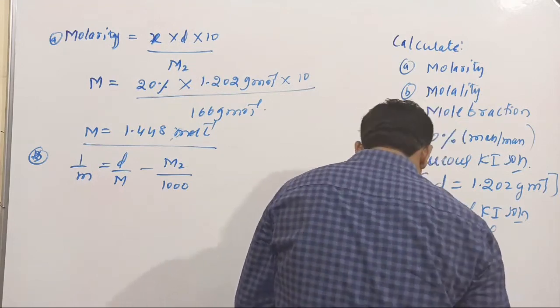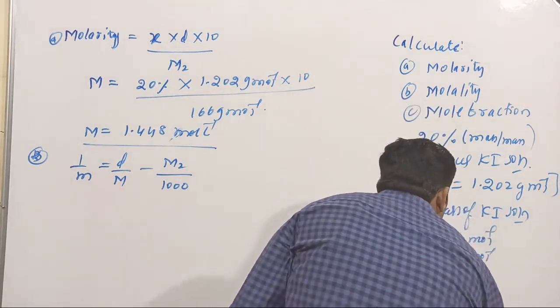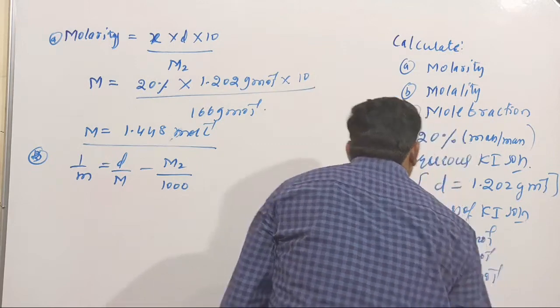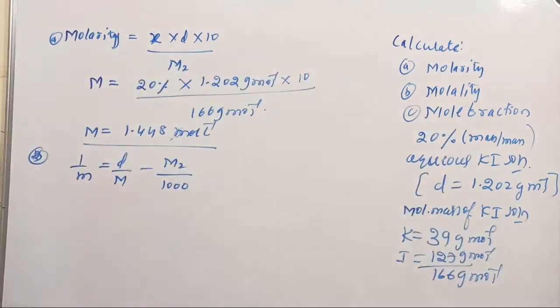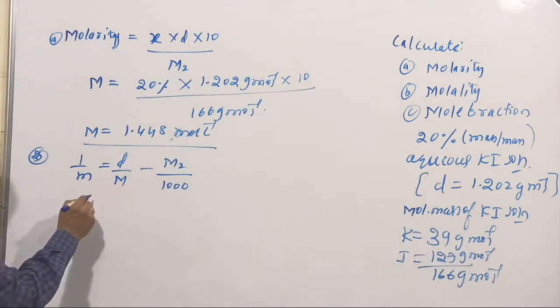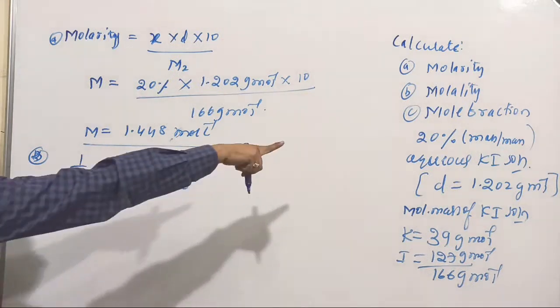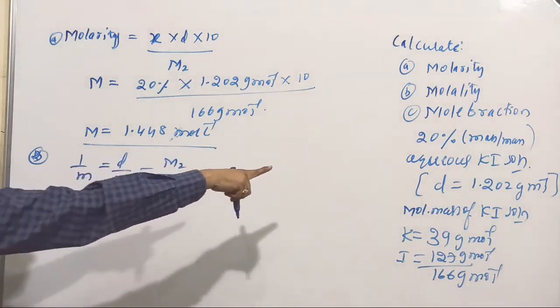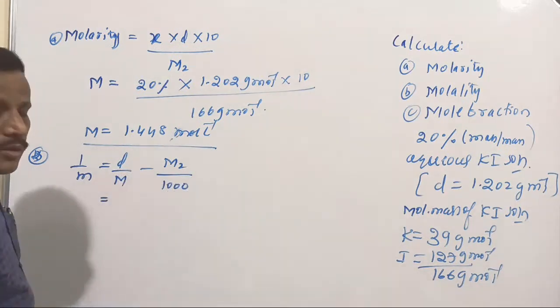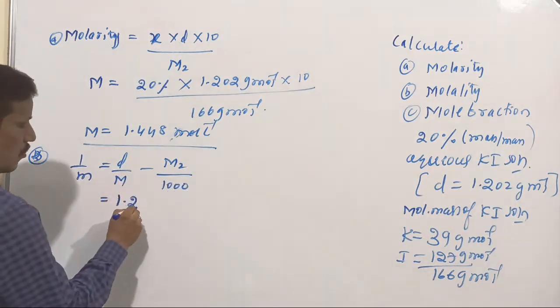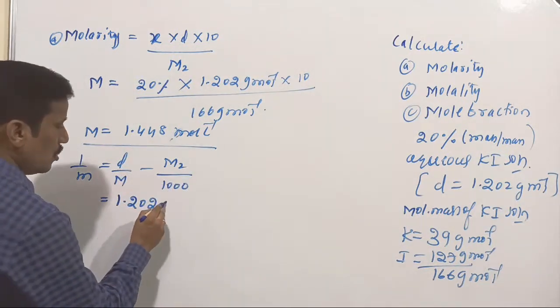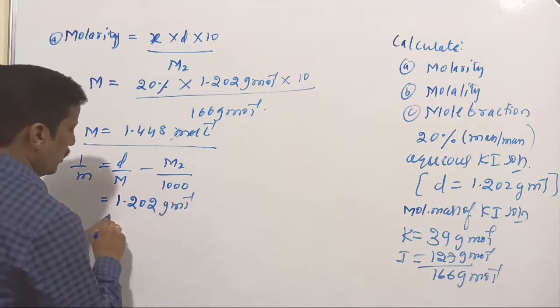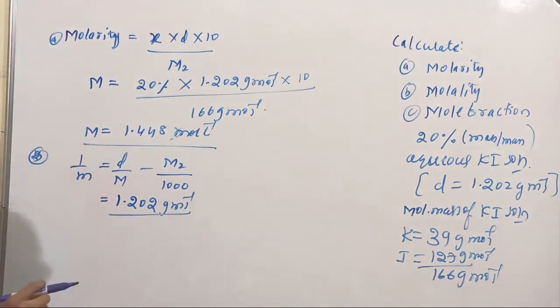So together the molecular mass of potassium iodide will come to 166 gram per mole. So 1 by m is equal to, density is given in the question, I have written in the bracket, density is given 1.202 gram per ml divided by M.